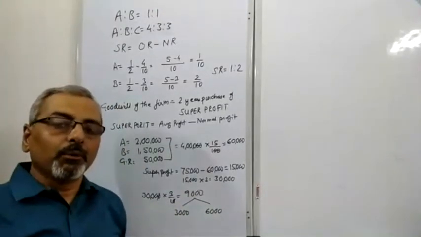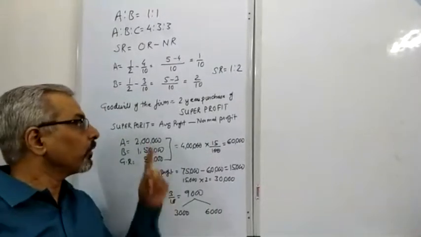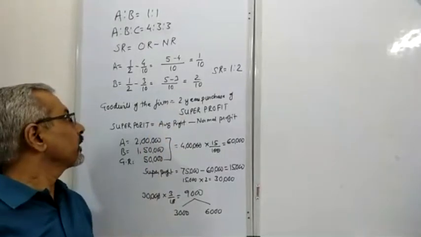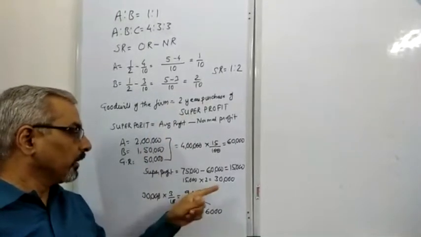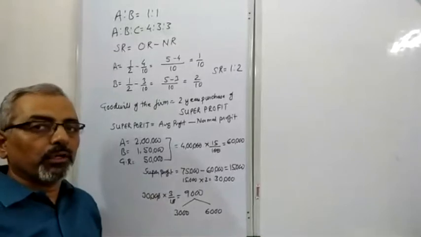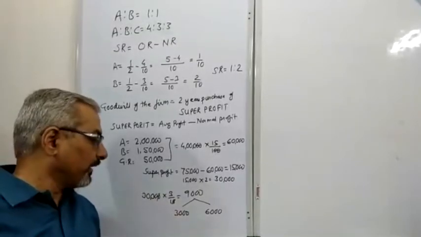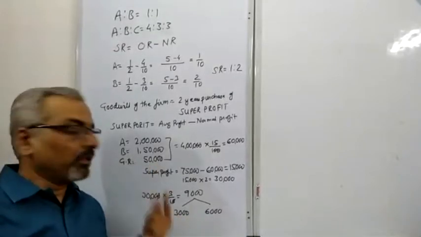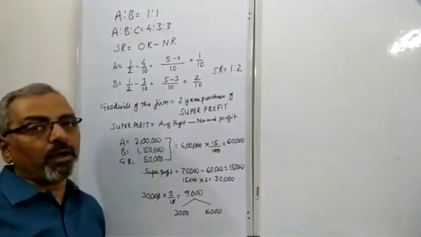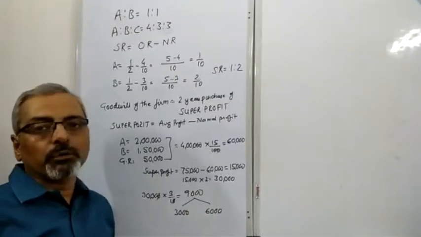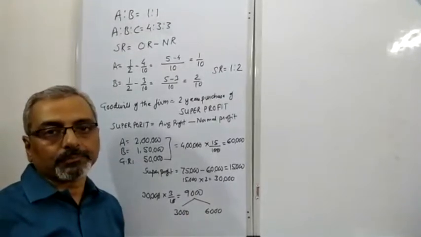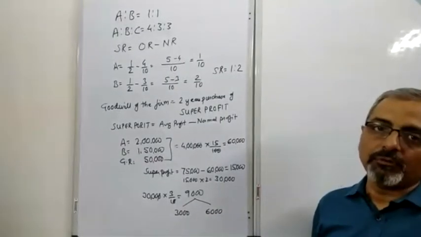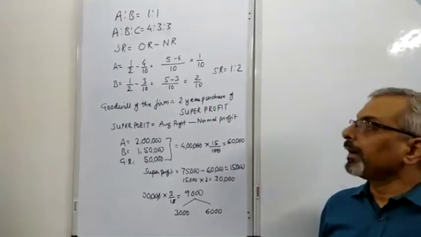So these are the calculations we should be very clear about. Number one, we calculated the sacrificing ratio. Number two, we calculated the goodwill of the firm, which had come to 30,000, and then we calculated the goodwill of the new partner, which had come to 9,000, and we have distributed the goodwill in the sacrificing ratio, 3,000 to the first partner A and 6,000 to the second partner B. After going through these calculations, we also know that half of the goodwill is withdrawn by the partners.